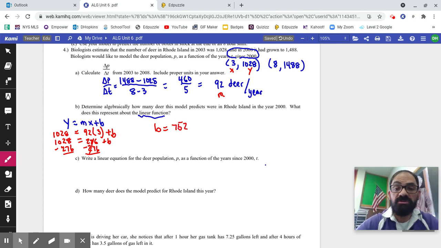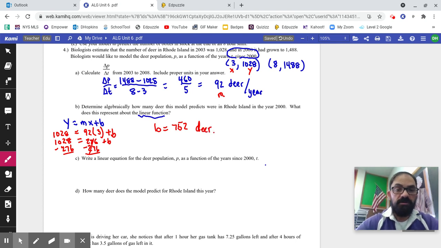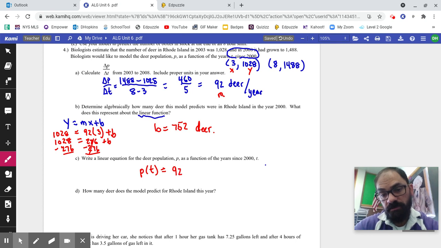So in the year 2000, there were 752 deer estimated. And it says write a linear equation for the deer population P as a function of years since 2000 T. So P of T equals our slope plus the y-intercept. So there's our equation.